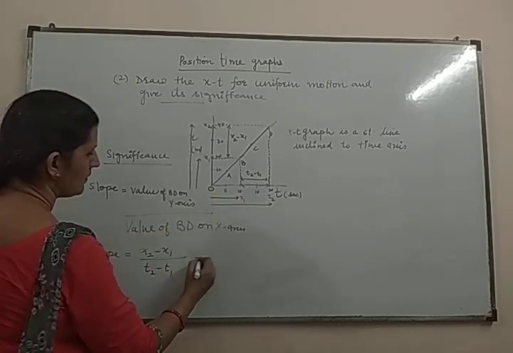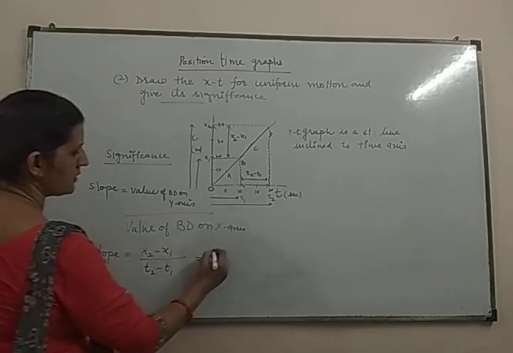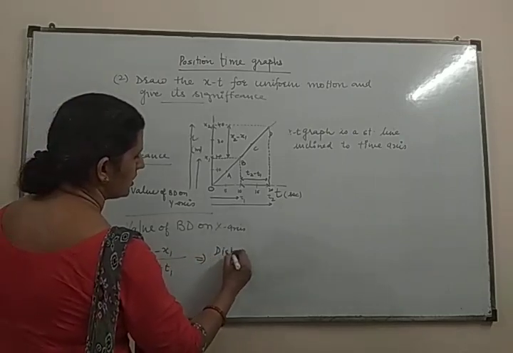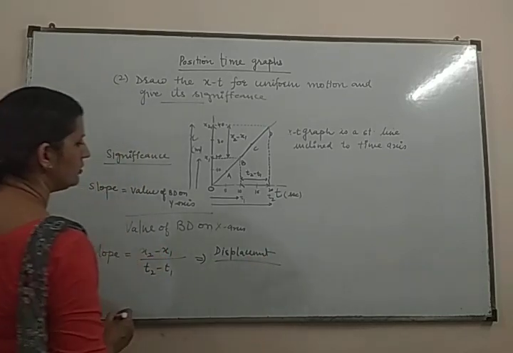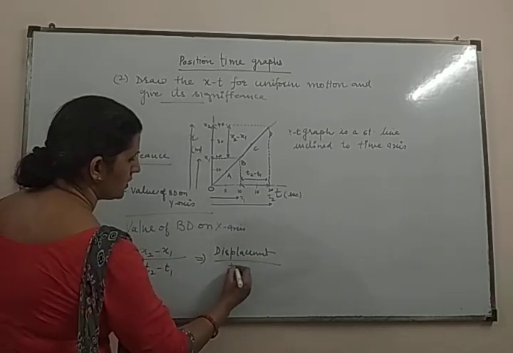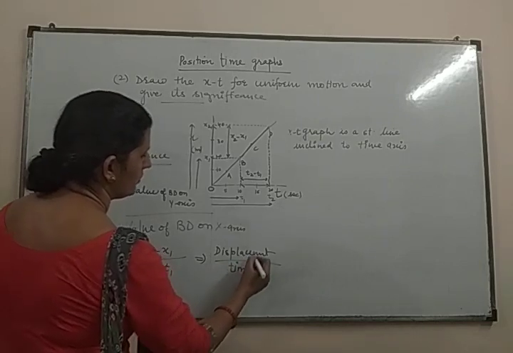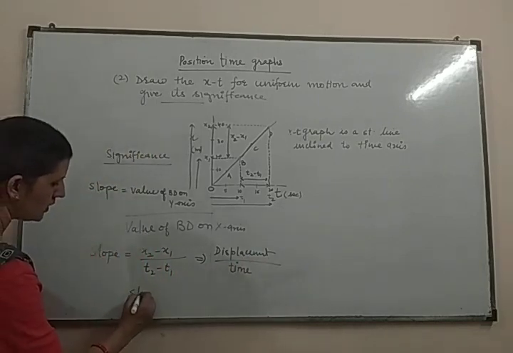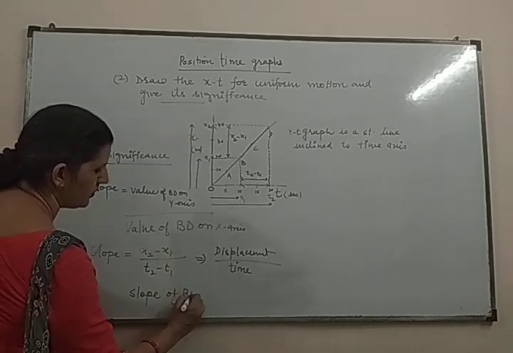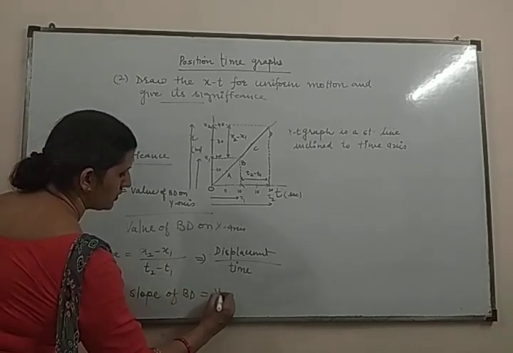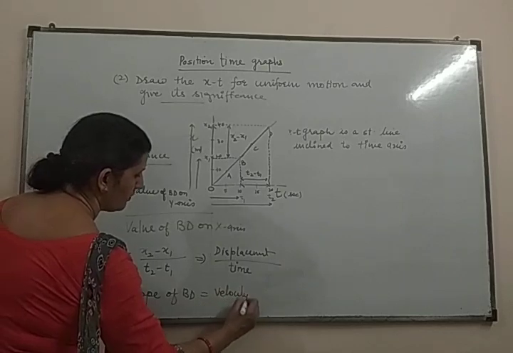What is this? If it is displacement, then it is the change in displacement, or difference between the final value and initial value, displacement per unit time. What does it give? This gives us velocity. So slope of BD gives us velocity.